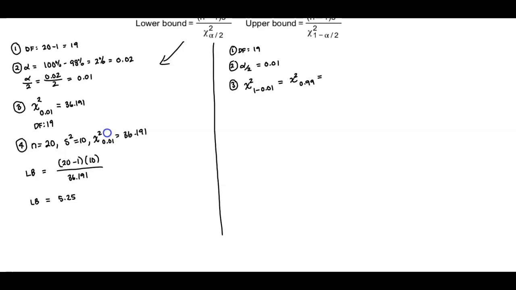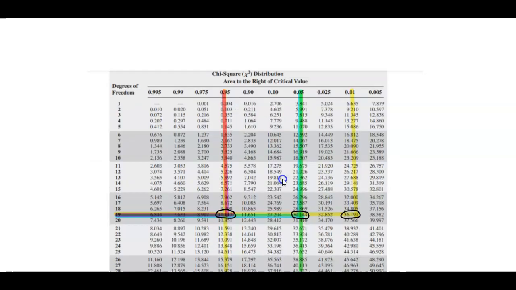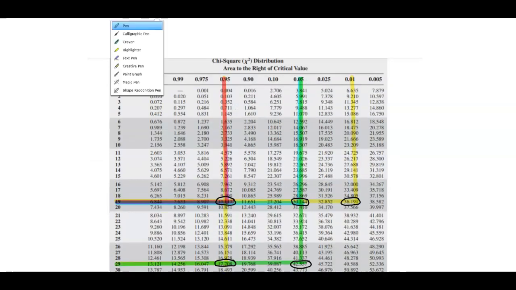So, using the degrees of freedom of 19 and the area of 0.99, we can see that we get a critical value of 7.633.